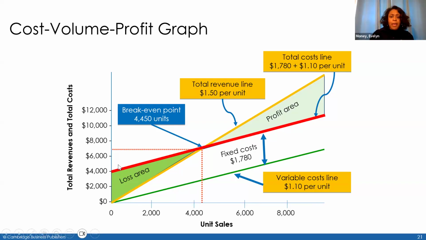I'm still going to have fixed costs whether I sell anything or not. So for fixed costs, it's going to start at a certain level. That's why for total cost, it doesn't start at zero, because even if I don't sell anything, I still have some cost. So that red line there is my total cost line.